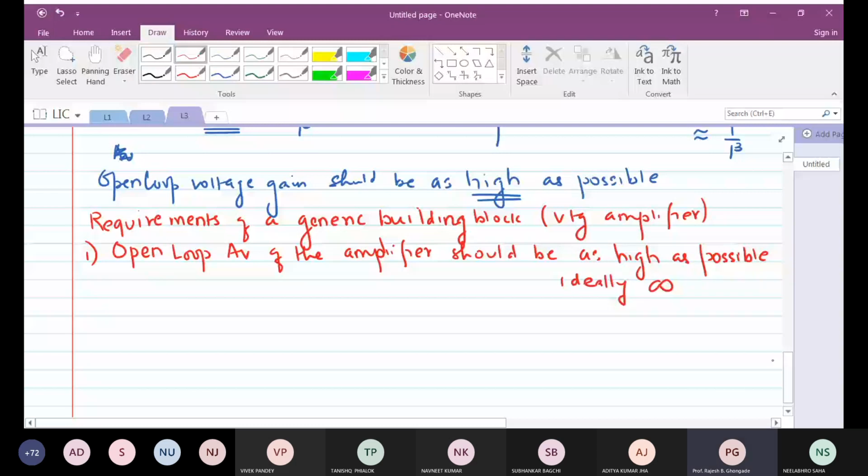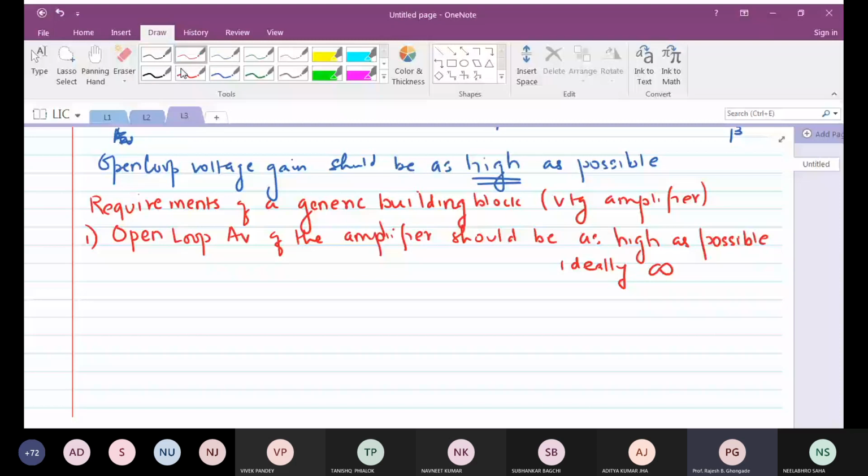Now since we are designing such an amplifier, which we are going to use as a building block, what should be the input impedance? Input impedance should be, guys, very high.